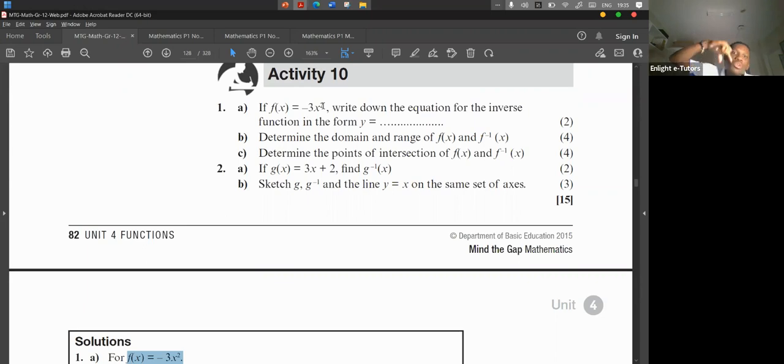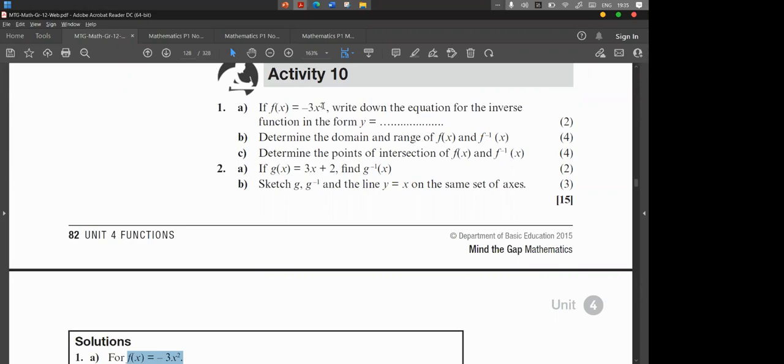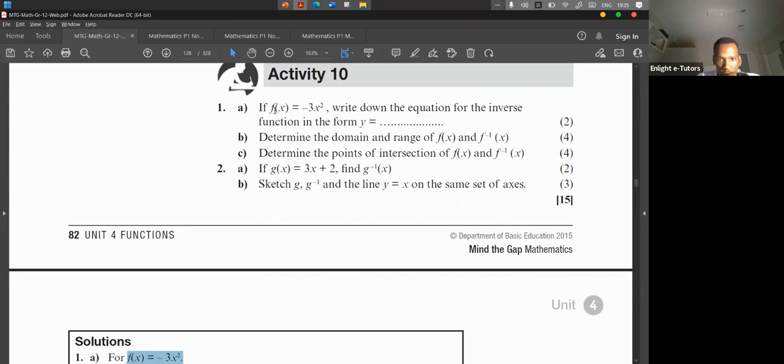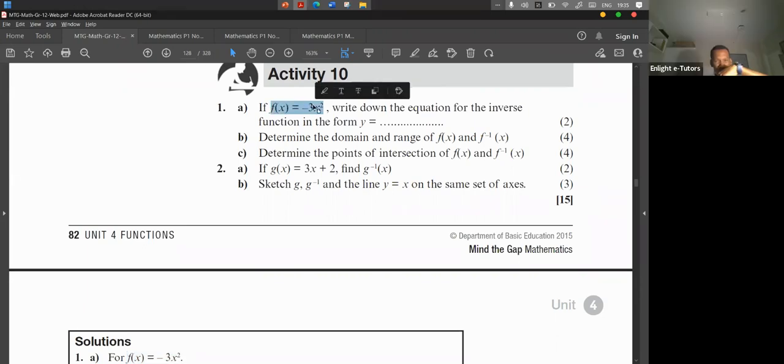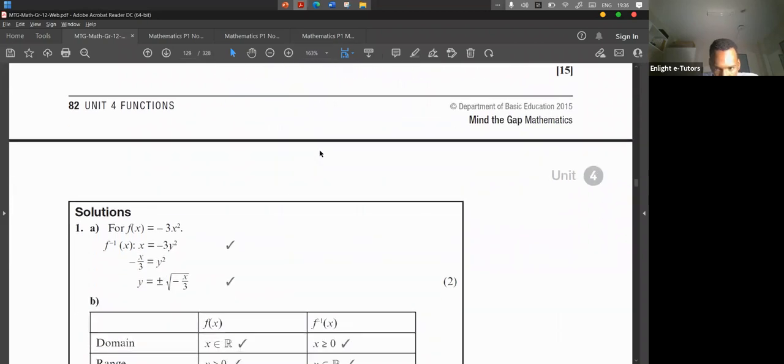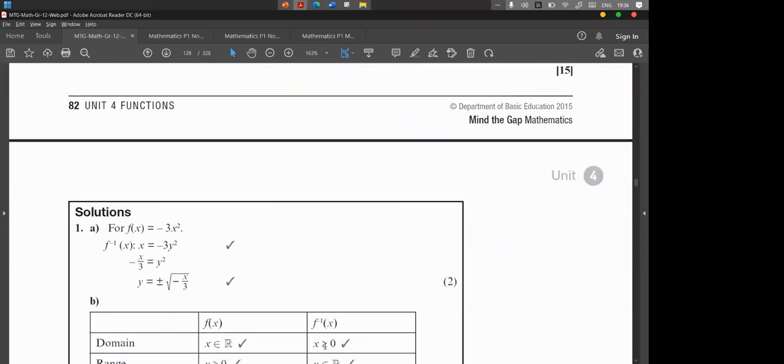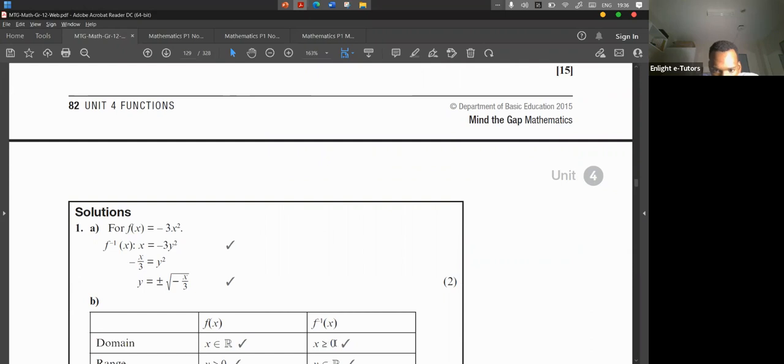Which means the domain for f(x), the first one that we were given, is going to be from negative infinity to positive infinity. But the range is going to be from negative infinity to 0.